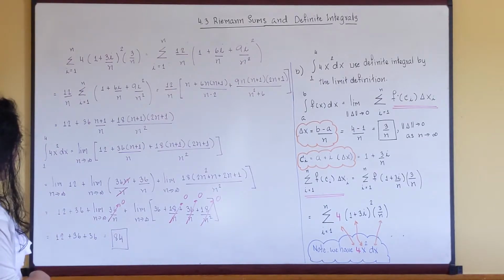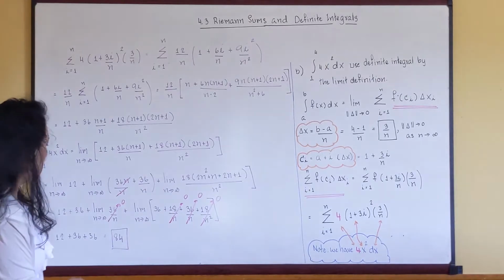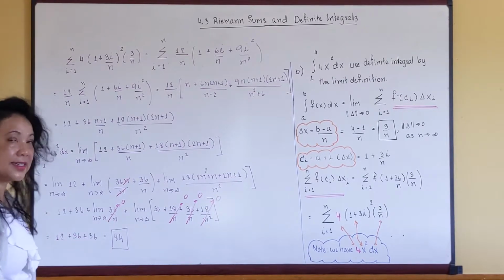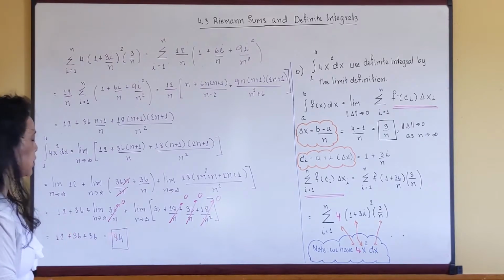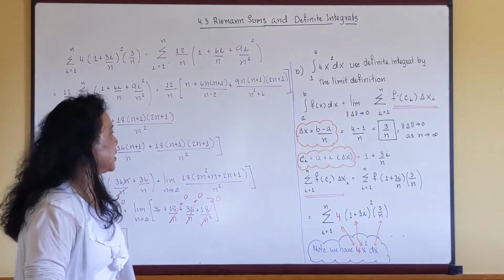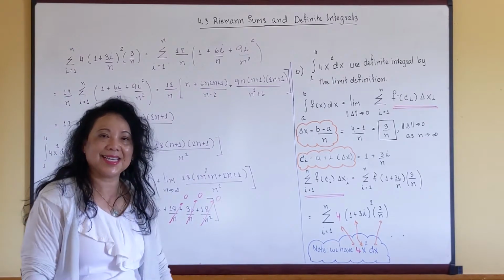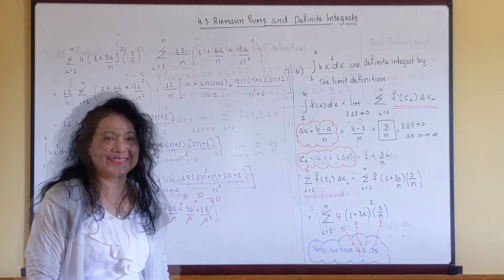So limit as n goes to infinity of 36 is just 36. For this one, as n goes to infinity, you get 0, same as the rest. So you end up with 12 plus 36 plus 36, which is 84, which is the same thing that we got when we used the definition of integral. Okay, let's see the next example.